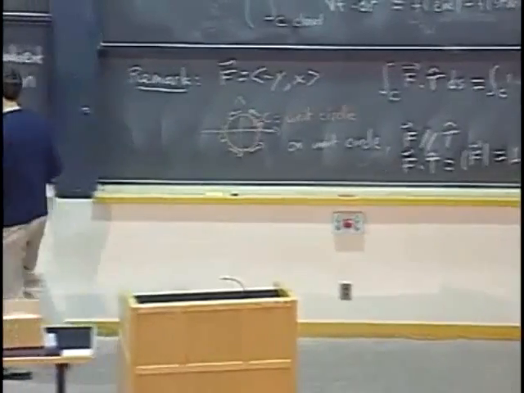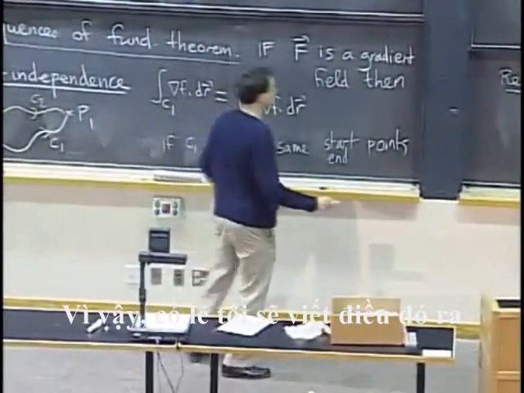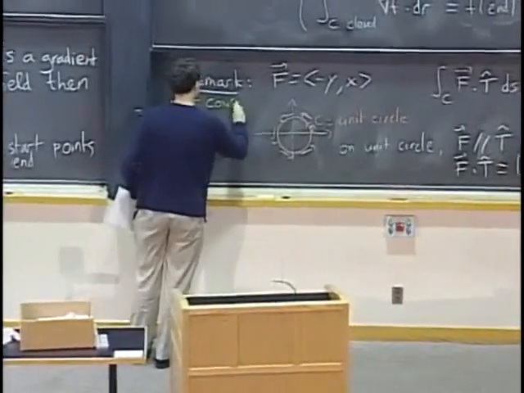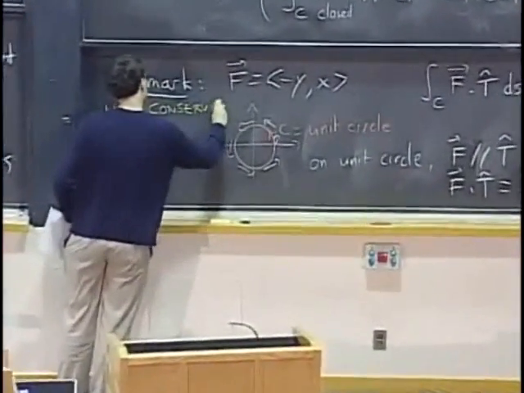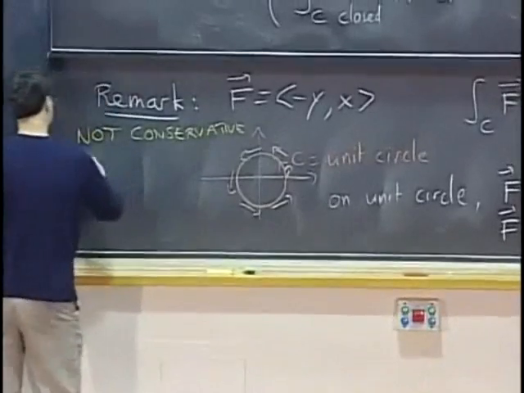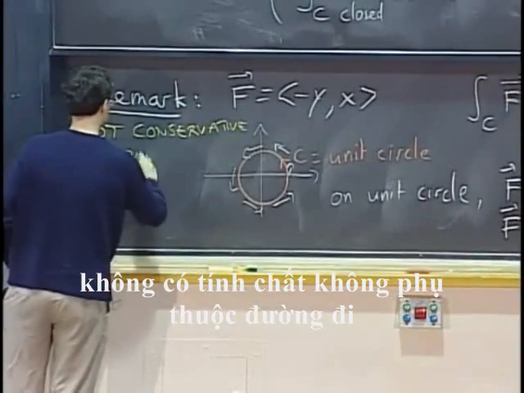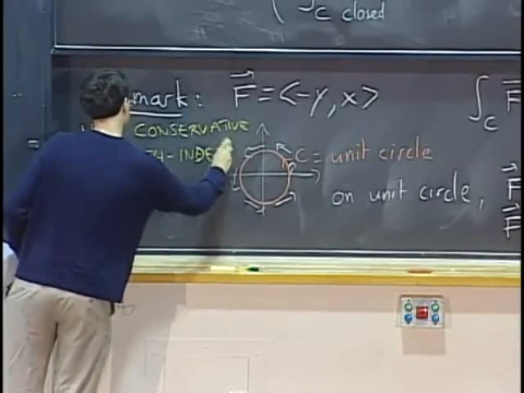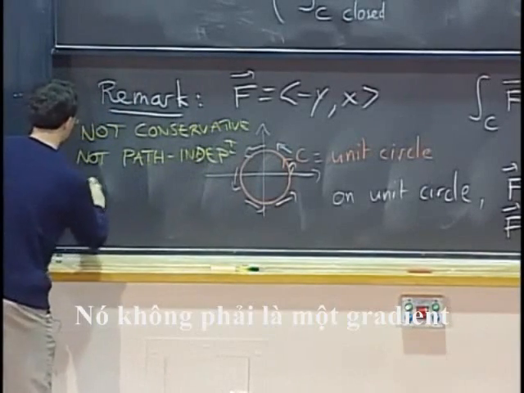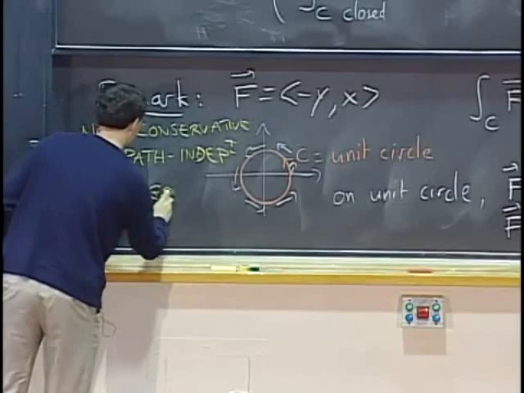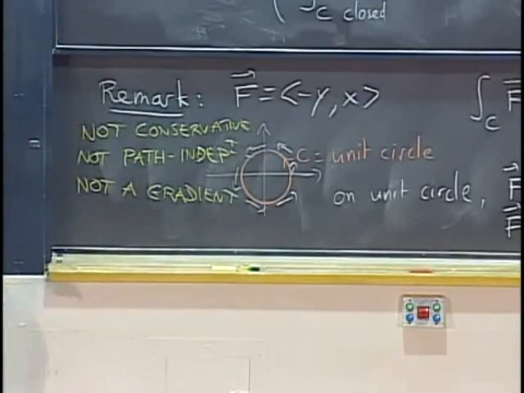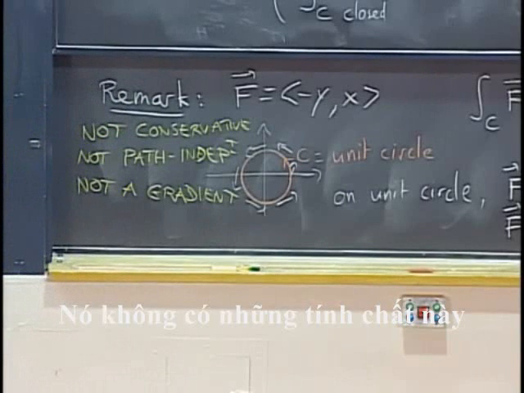So maybe I will write that down. It's not conservative. Not path independent. It's not a gradient. It doesn't have any of these properties.